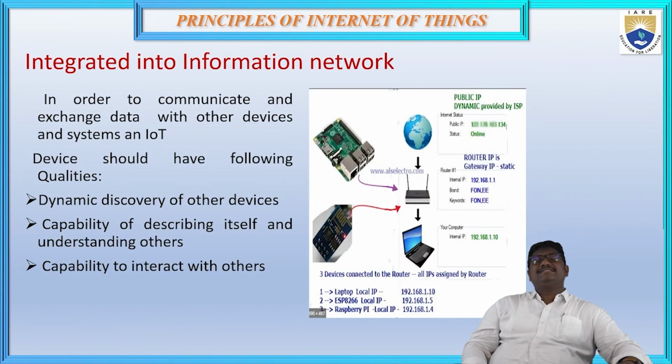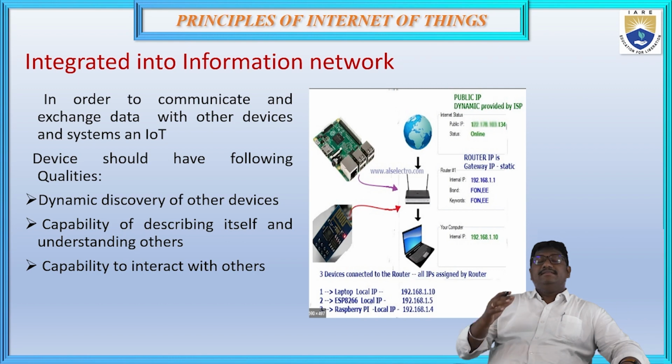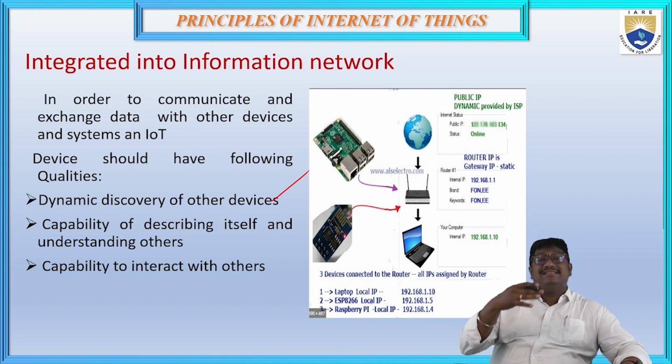The last characteristic was integrated into information network. Whenever we are communicating or exchanging information with other devices already in the IoT infrastructure, the device should have some specific qualities. Those qualities are dynamic discovery of other devices.